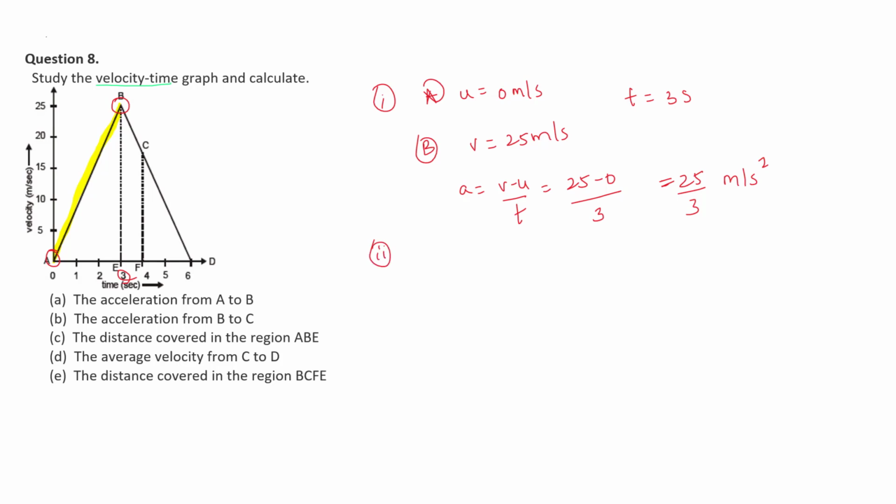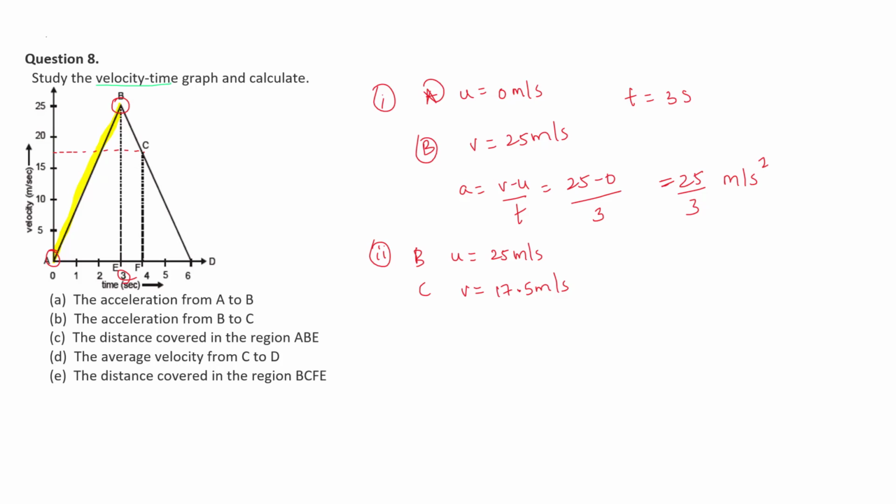Second, acceleration from B to C. Now we have to do it from B to C. At B, the initial velocity is 25 meter per second. And at C, v will be 17.5 meter per second.